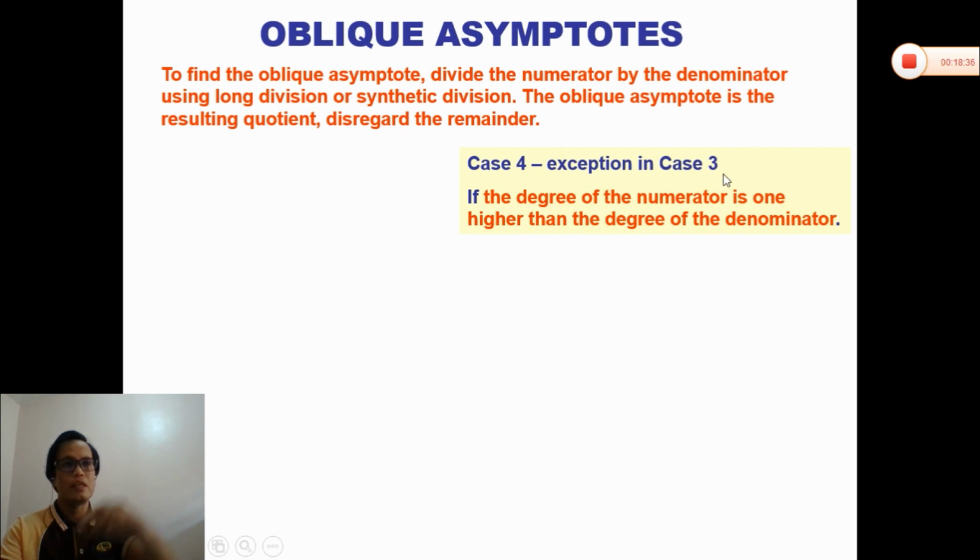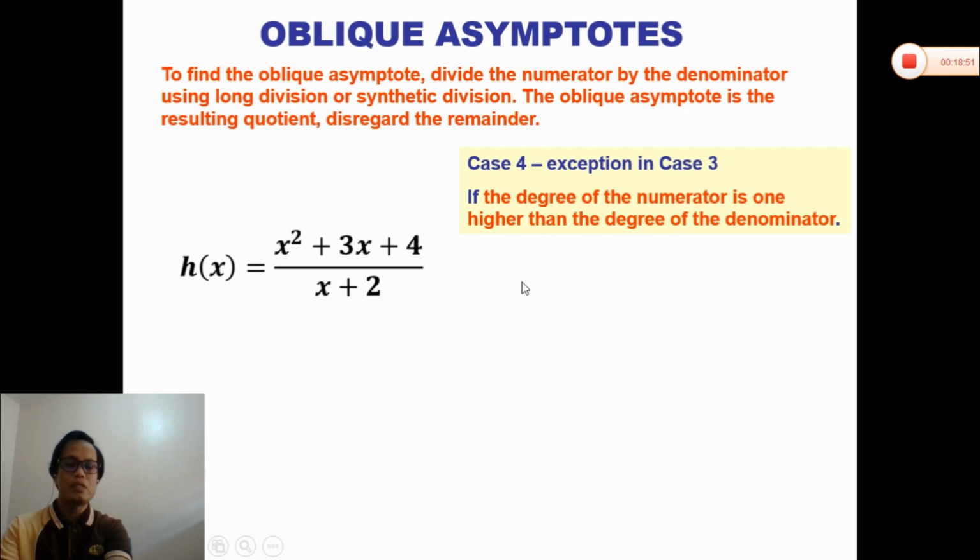If the degree of the numerator is 1 higher than the degree of the denominator, then we simply divide the numerator by the denominator using long division or synthetic division.